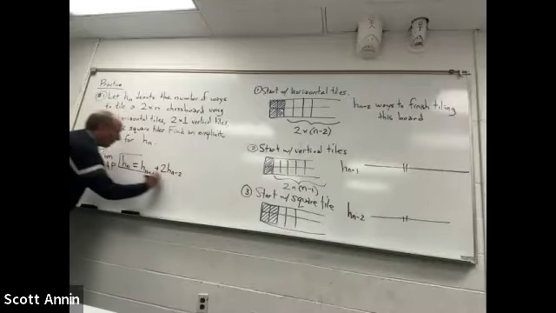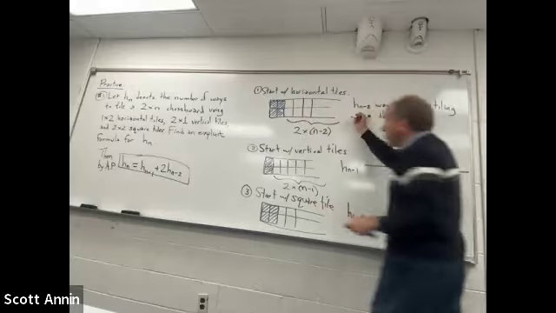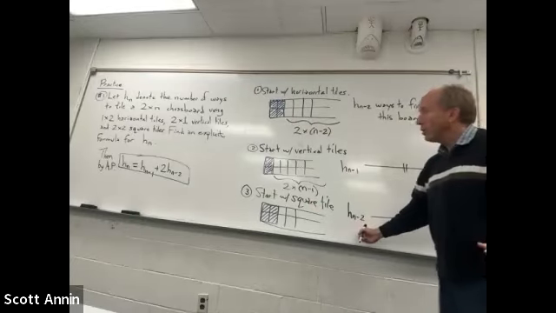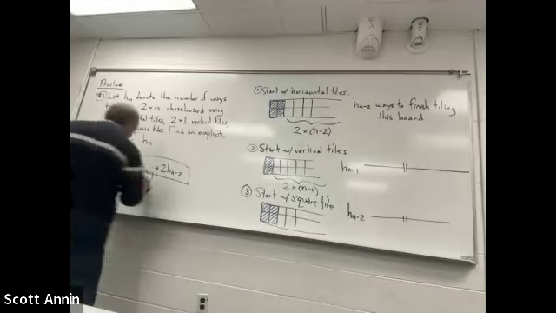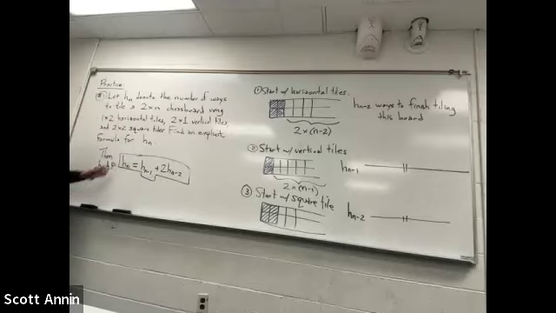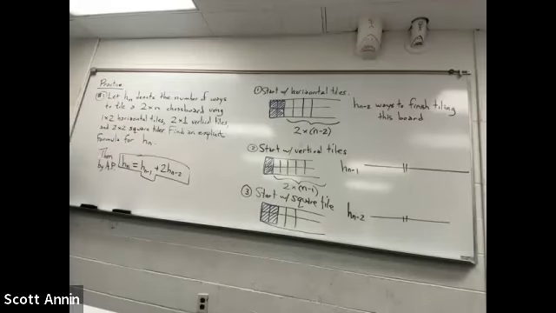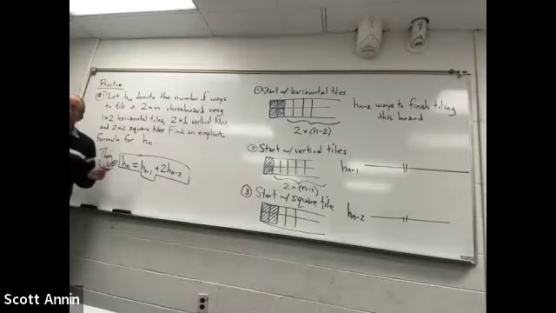Take a look, guys: if we just add up these cases, H_{n-2} plus H_{n-1} plus H_{n-2}, it gives us this right here. Sort of lost my subscript there. That's the formula.